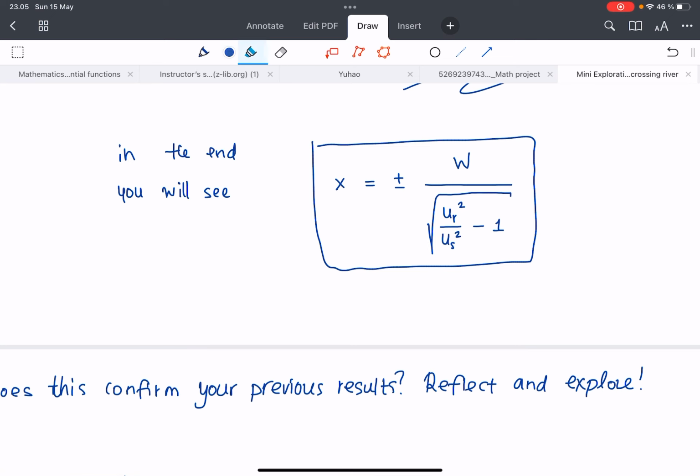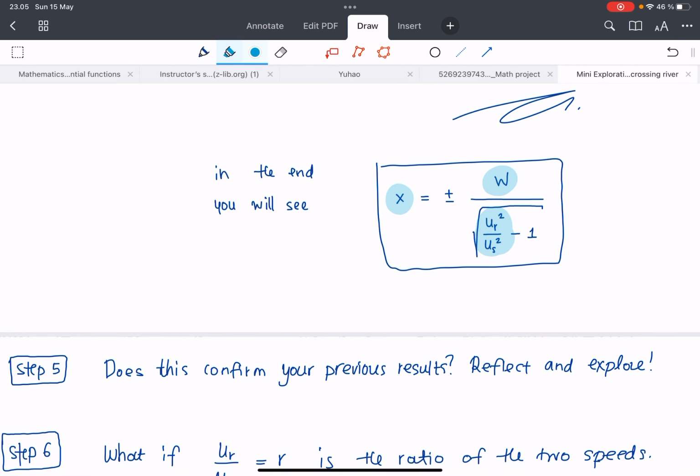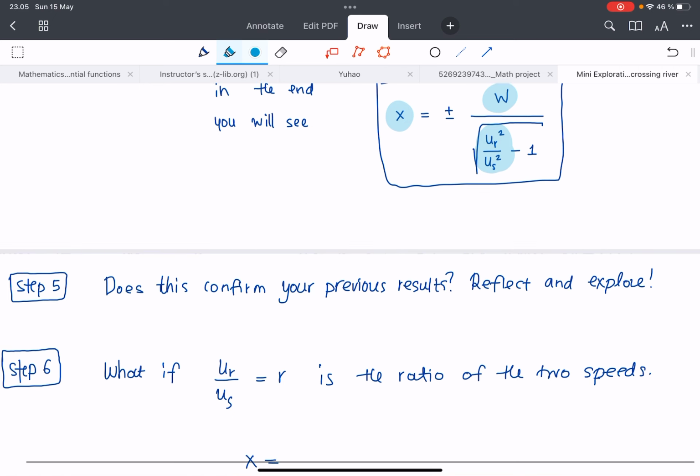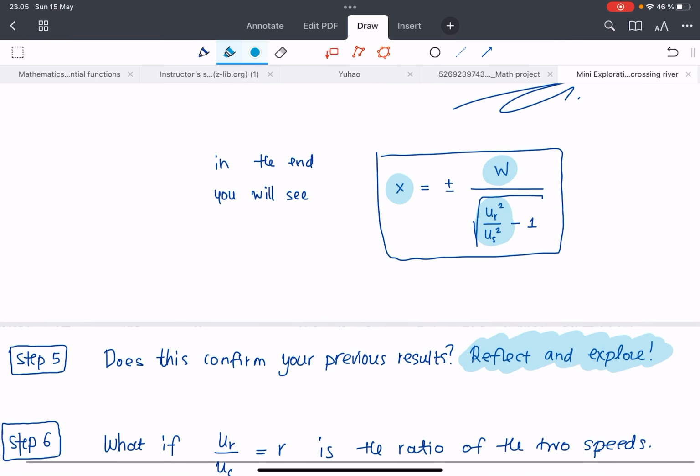So you can see now that x, the landing point, depends on the width of the river and the ratio of the two speeds, the running and the swimming speed, squared. So what does that mean? Does this confirm the previous results that we found? We have to reflect and explore and explain what we found.